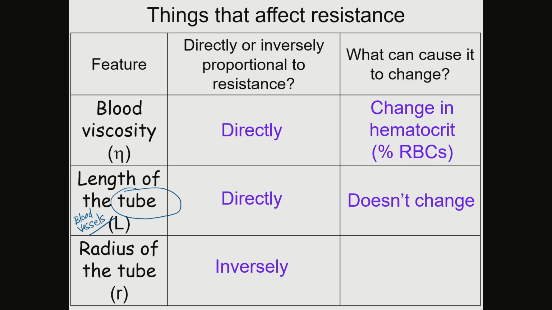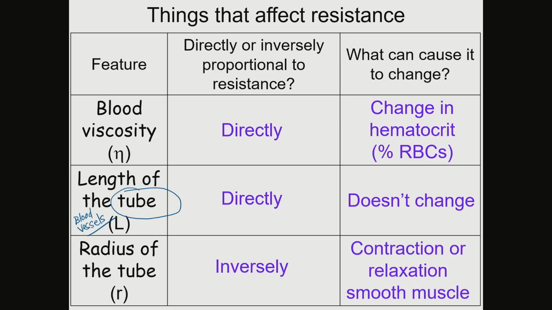And what can change the radius of our blood vessels? Well, our blood vessels have smooth muscle on them, and the smooth muscle can contract and constrict the blood vessels or relax and dilate, and hence that will change the radius of the tube.